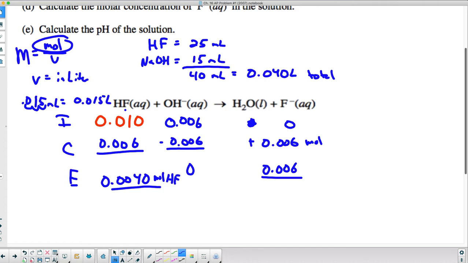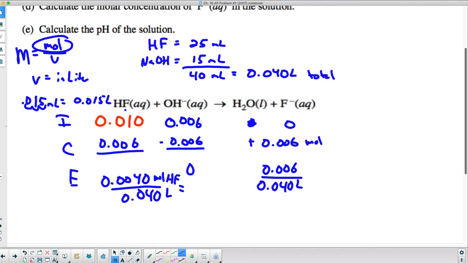So I'm going to divide both of these by 0.04 liters, and that will give me a concentration of HF that's left over and a concentration of F minus that's left over.